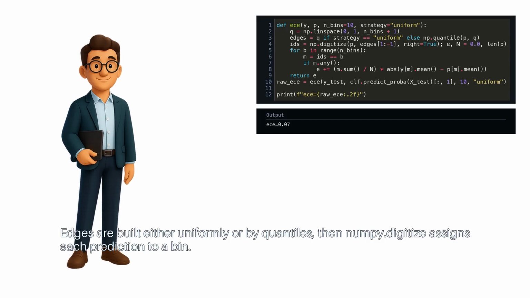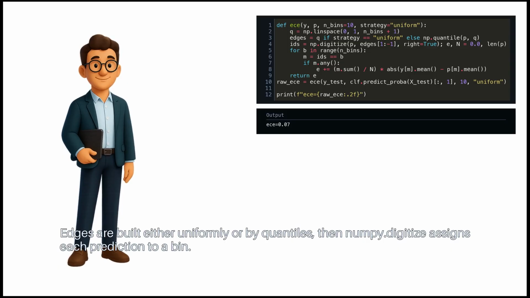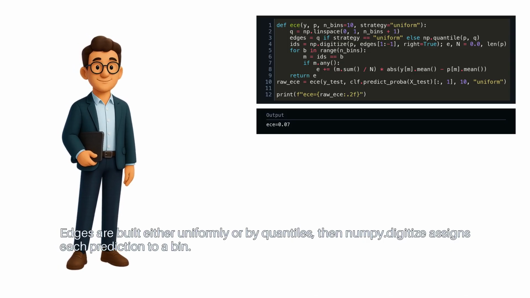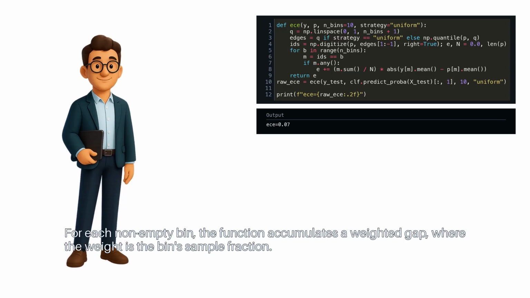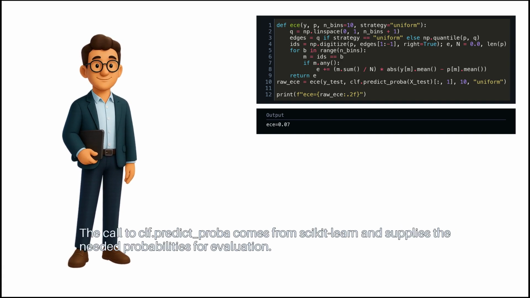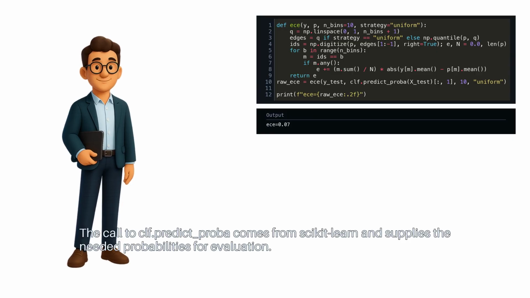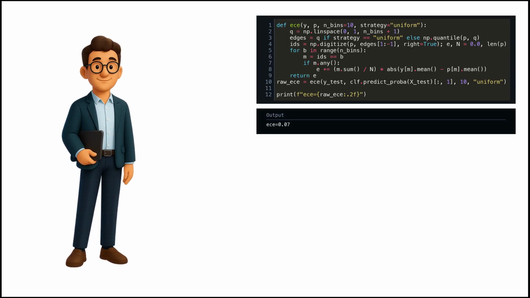Edges are built either uniformly or by quantiles. Then numpy.digitize assigns each prediction to a bin. For each non-empty bin, the function accumulates a weighted gap where the weight is the bin's sample fraction. The call to clf.predict_proba comes from scikit-learn and supplies the needed probabilities for evaluation.